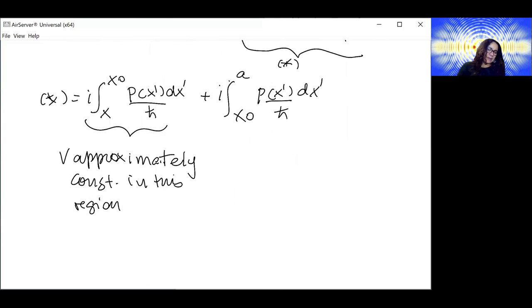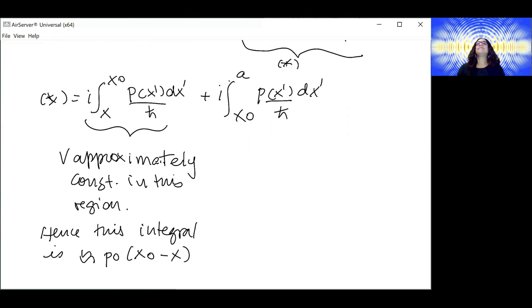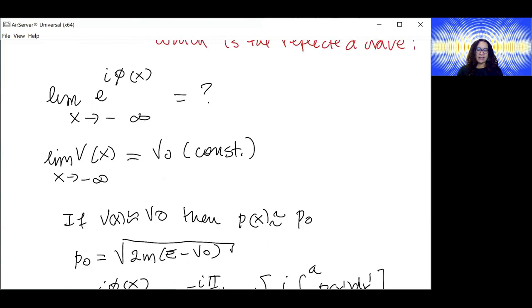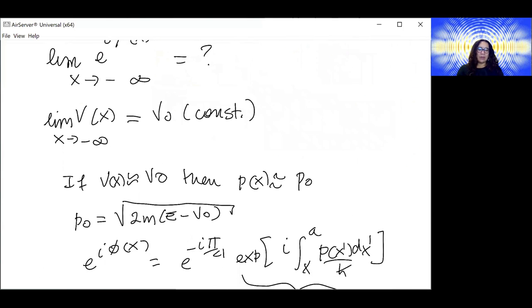Hence, this integral is approximately p naught times (x naught minus x) divided by h bar, because p naught is approximately constant. If you look at this thing that we have done here on top.